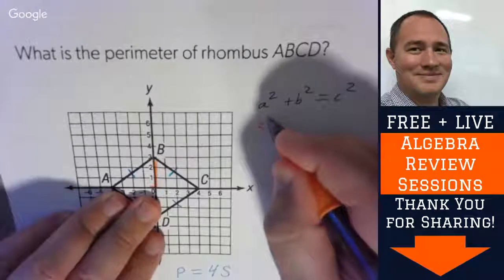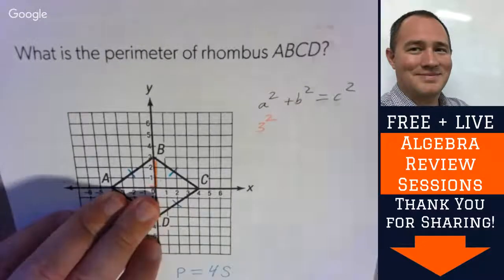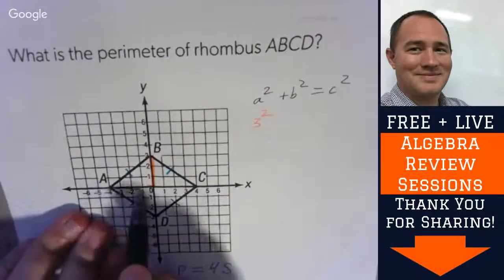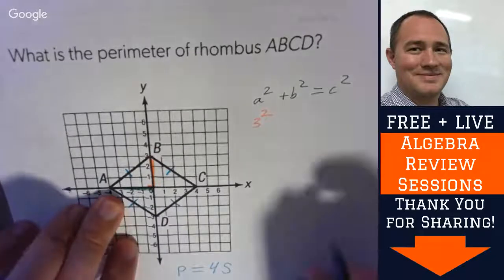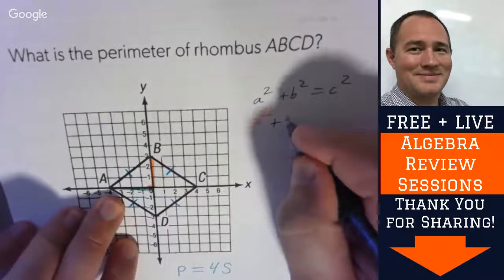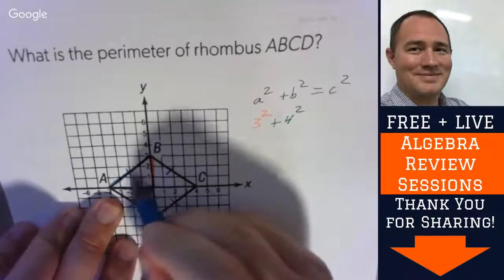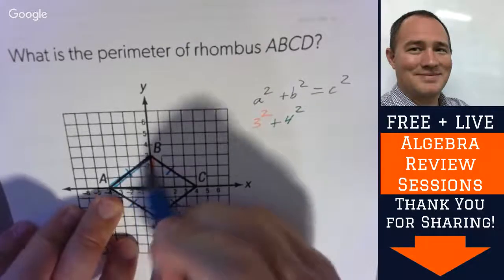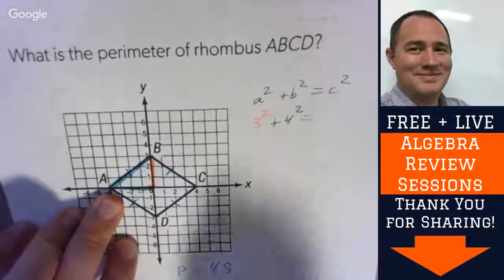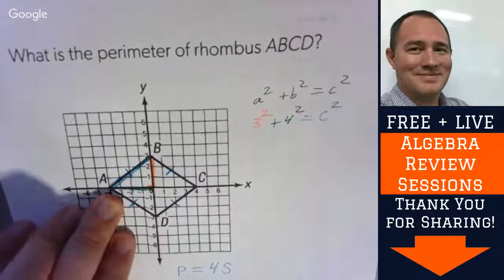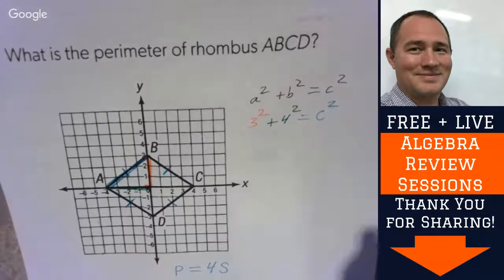Replacing a with 3, and b with 1, 2, 3, 4, that's 4 blocks, so plus 4 squared equals c squared. The hypotenuse is our c, which we don't know, so I'll leave it as a variable to solve for.